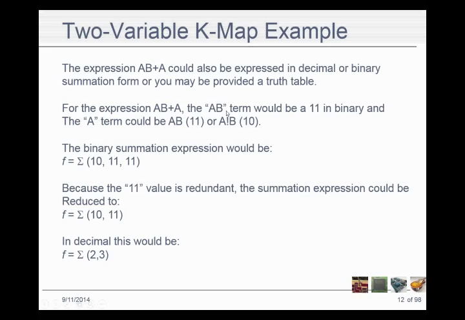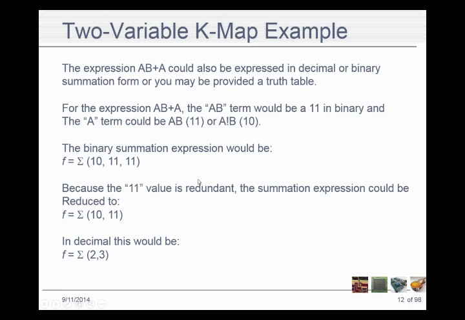Some people would put a slash, some would put an exclamation point, and some would follow this by a single quote. But that means not B here. But you have to know that language or whatever that form is, because you don't know: does this exclamation point go with A or does it go to B? Is this not A and B, or is it A and not B? In this case, it's A and not B.